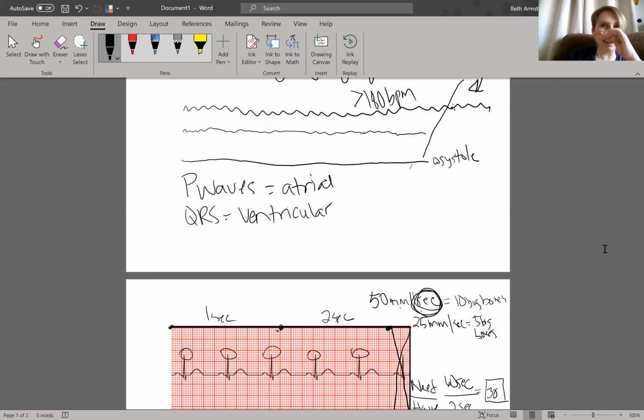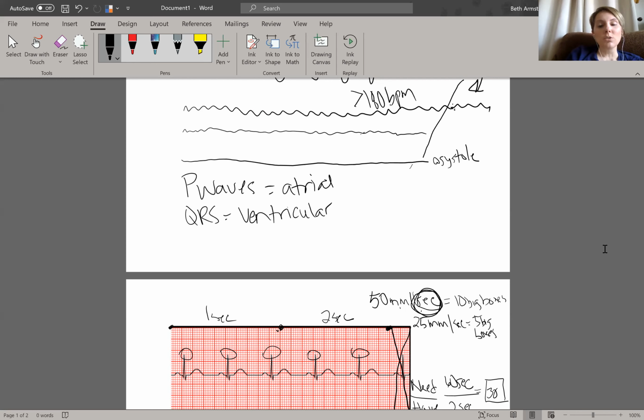So yes, you can look at how the heart functions. My P wave is atrial depolarization, and then in the QRS, it's going through atrial repolarization and ventricular depolarization, and the T wave is ventricular repolarization.